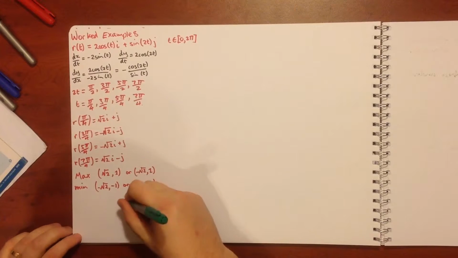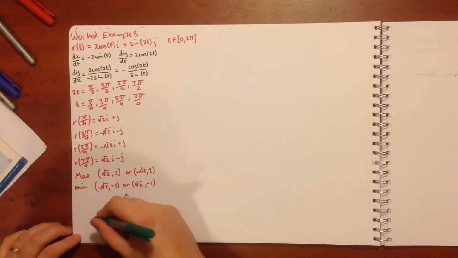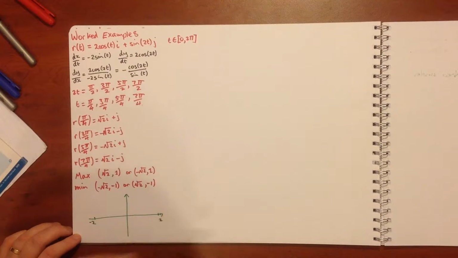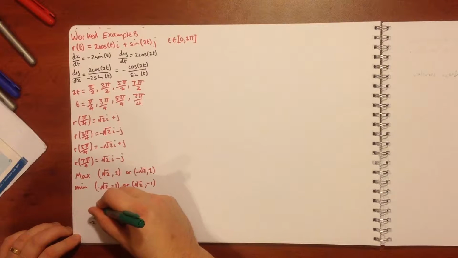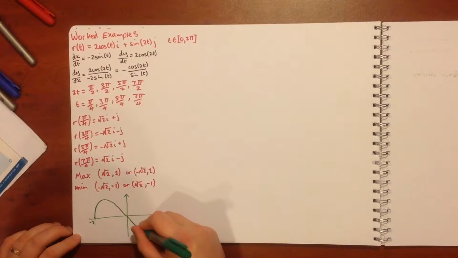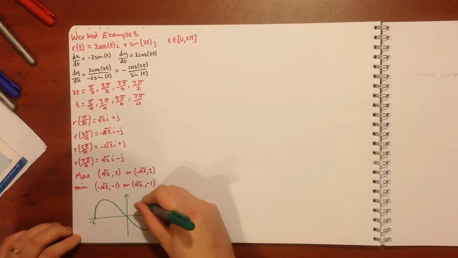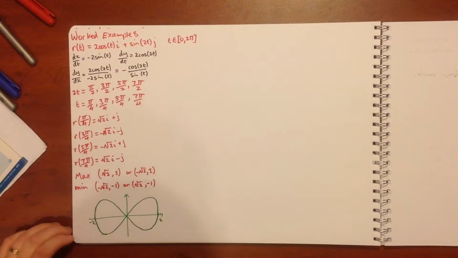What we find is we get our x from negative 2 to 2, and we get a graph that looks something like this. And as you can see in the book, that's what our calculator looks like.